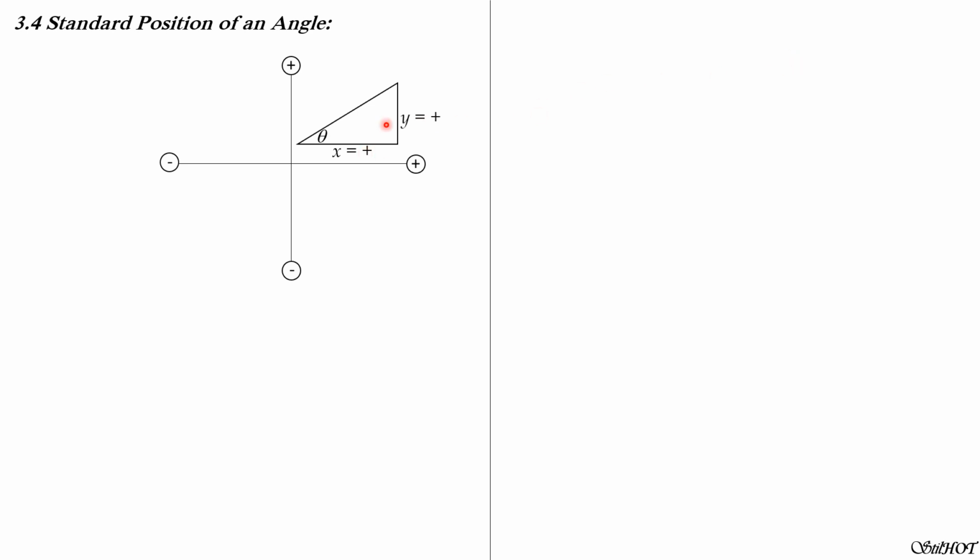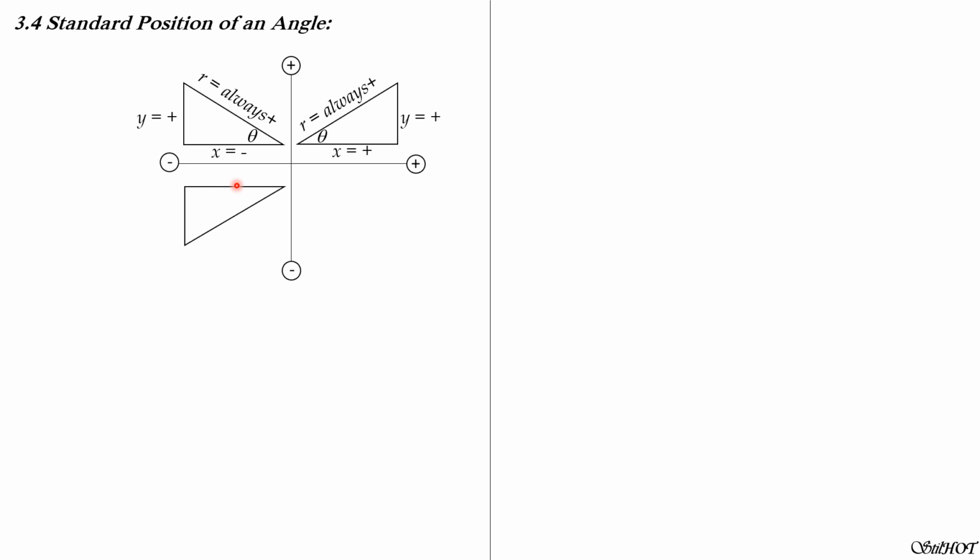The hypotenuse, denoted by r, is always positive, no matter where the angle theta is located. In any quadrant, r is always positive. So in the second quadrant, x is negative, y is positive, and r is always positive.